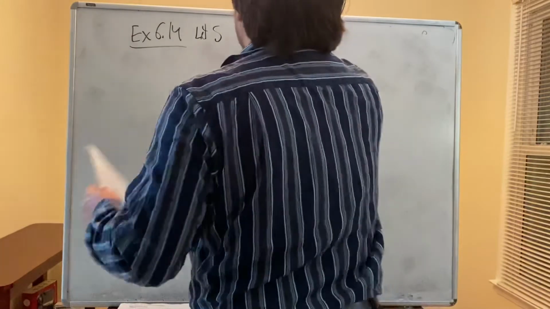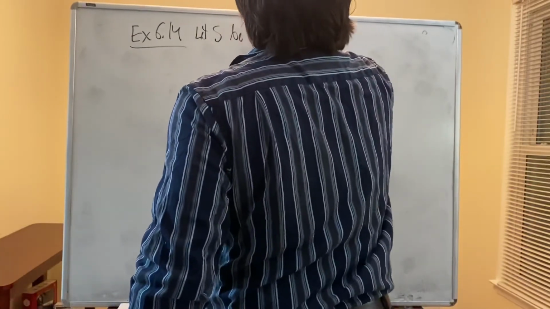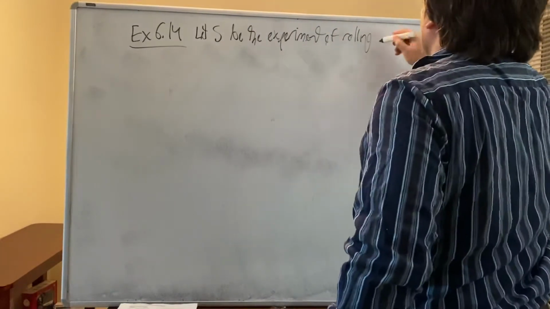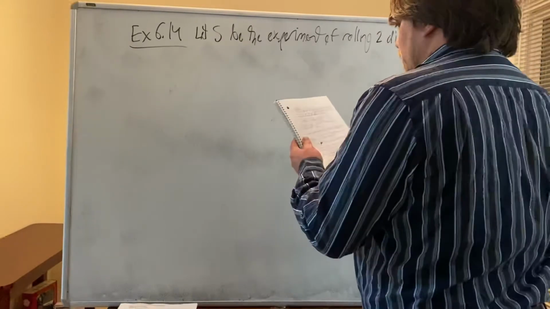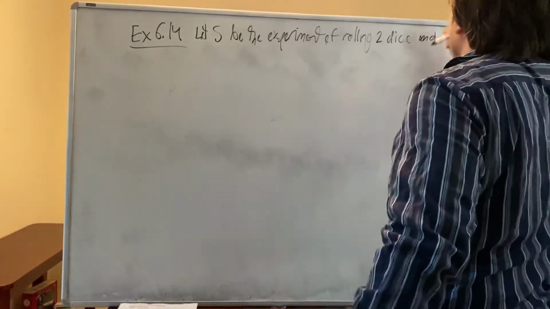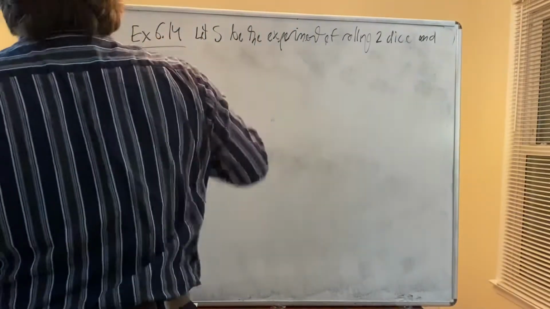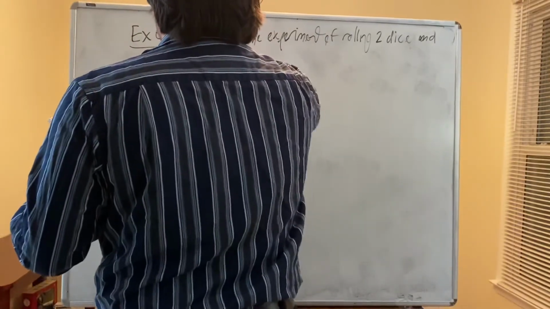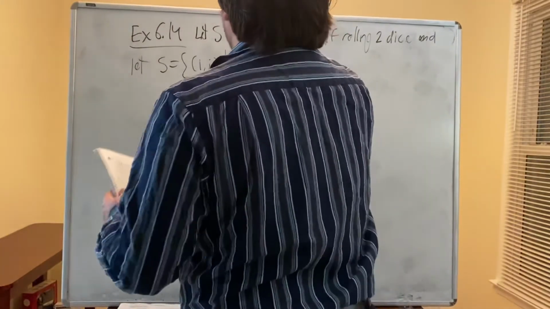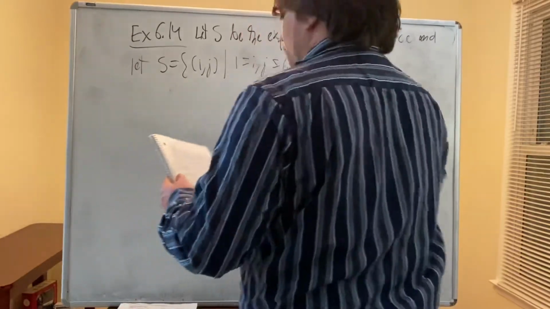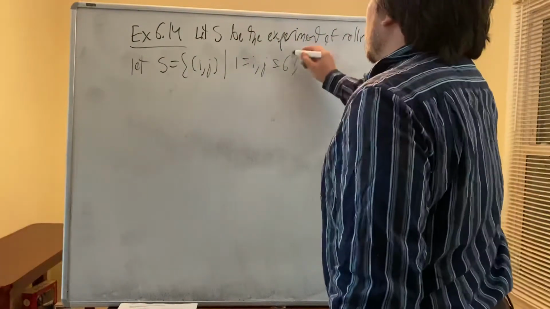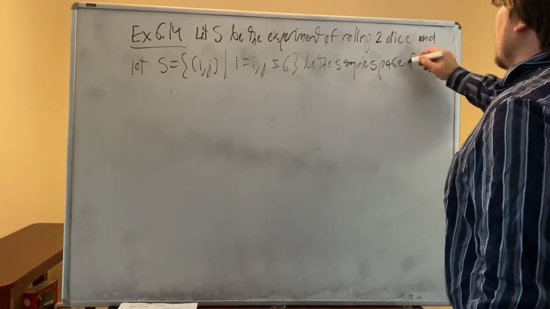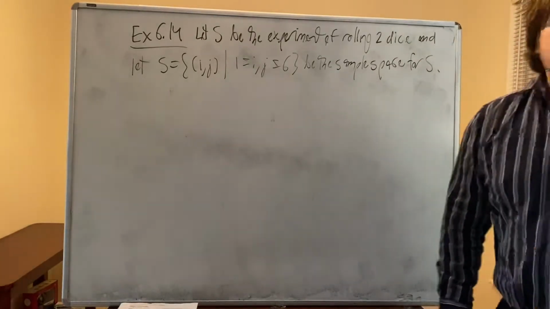Let S be the experiment of rolling two dice. And let capital S equal the set of ordered pairs i, j, such that both i and j are between 1 and 6 inclusive, be the sample space for capital S. Okay?